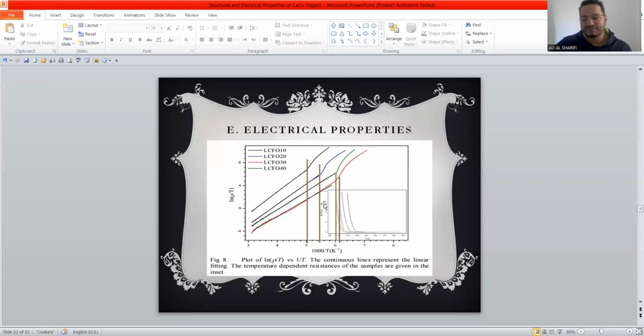After that, at 100%, the change started to be clear like that, and the line will start to act like a curve.